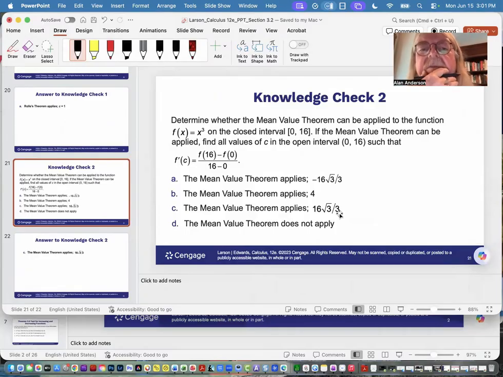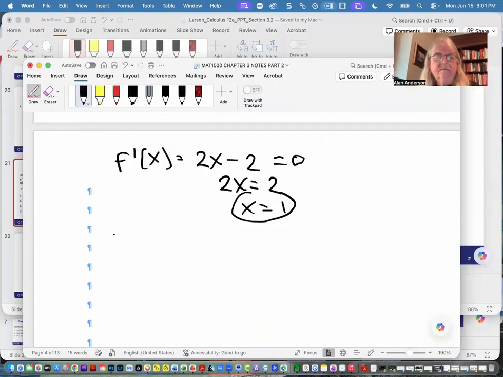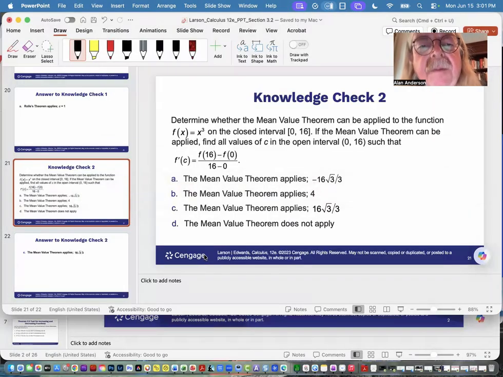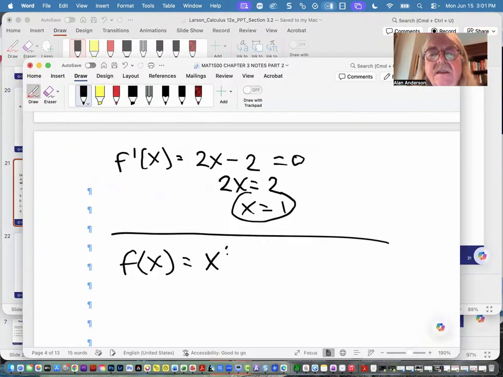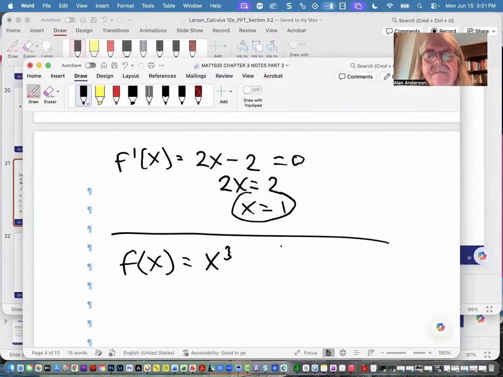Now here, they want to know if the mean value theorem can be applied to the function f of x equals x cubed. Now remember, this time we don't need to show that the endpoints are equal. So we just need to ensure that the function is continuous, which it is.